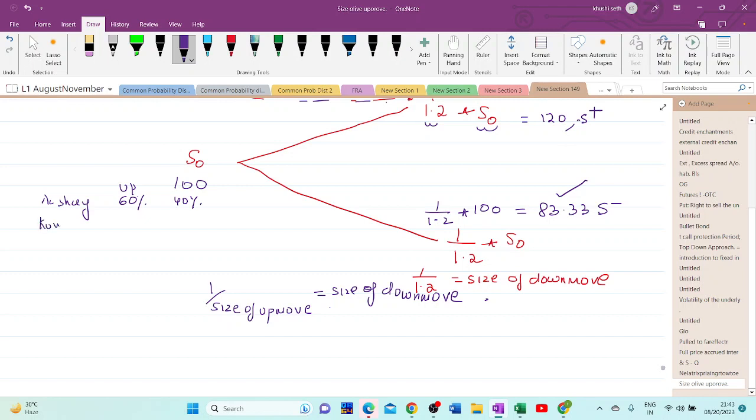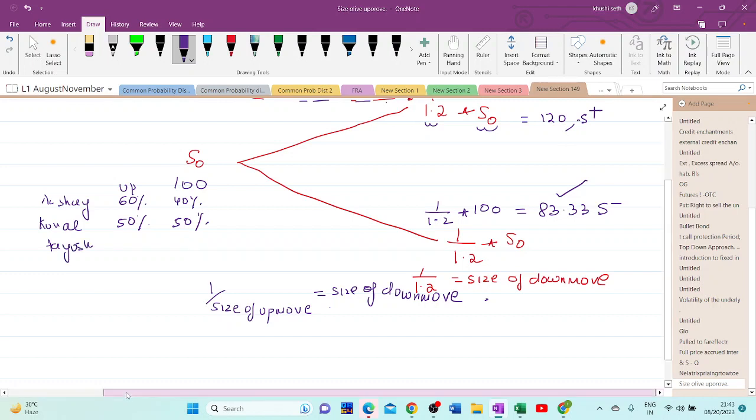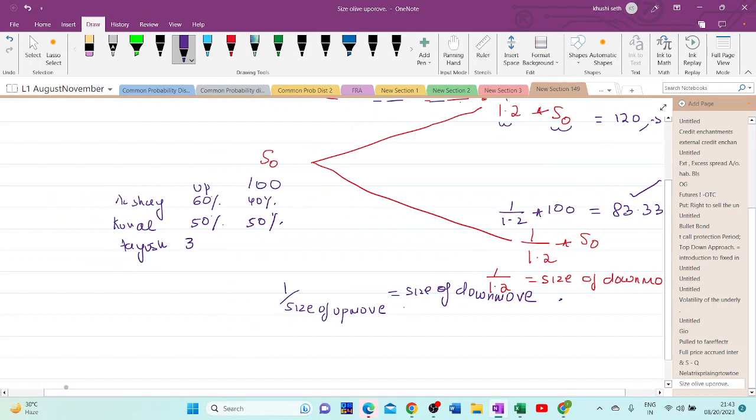Kunal is saying that there is a 50-50 chance of an up move and a down move, and Ayush is saying that there is a 30% chance of an up move and 70% chance of a down move. So different traders in the market are assigning different probabilities to up moves and down moves.